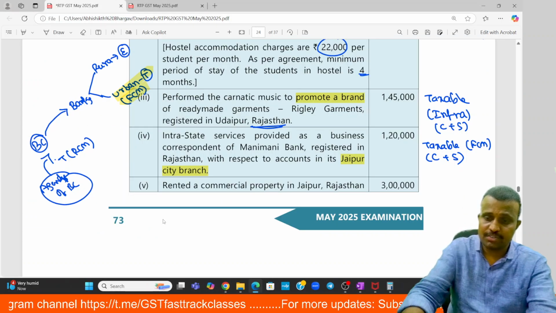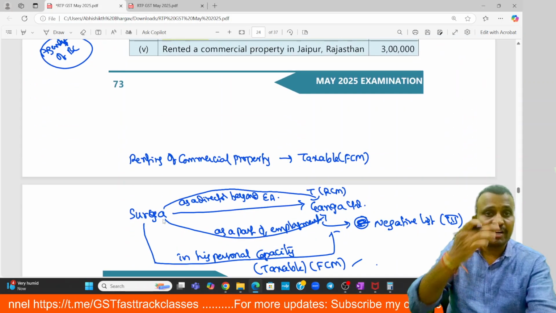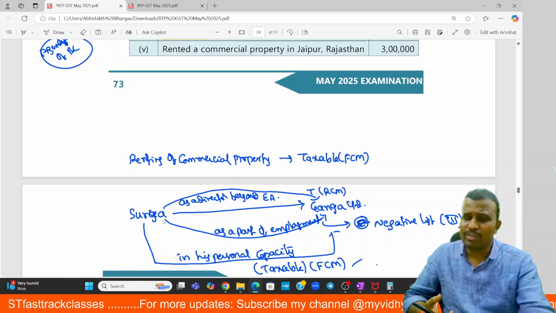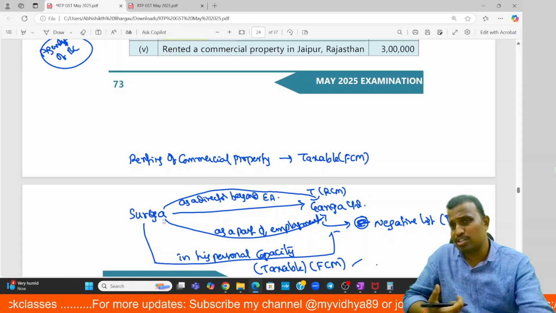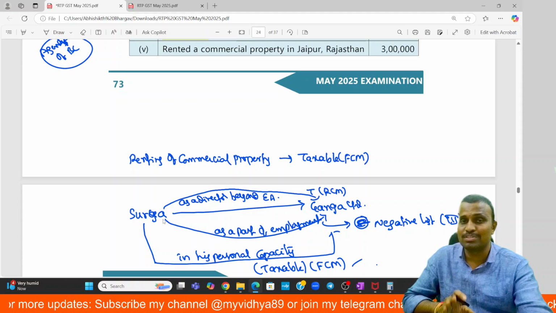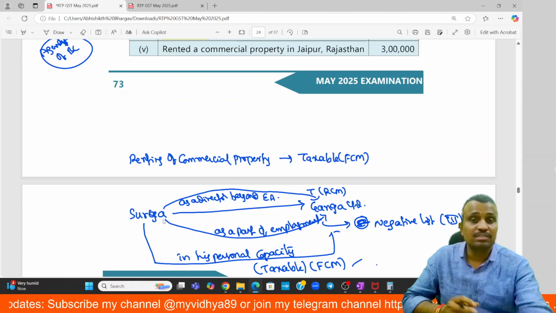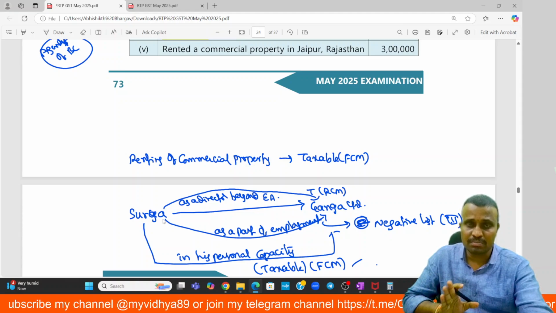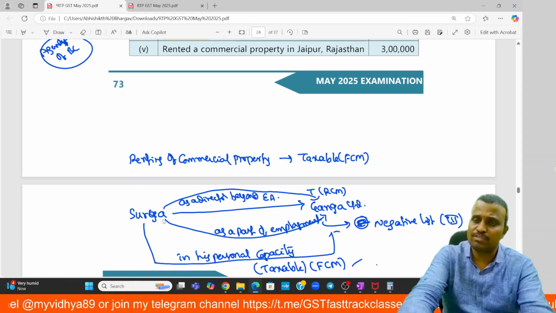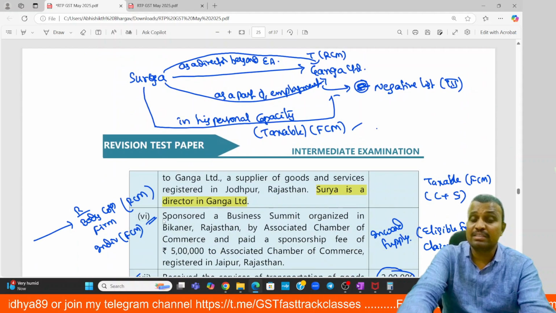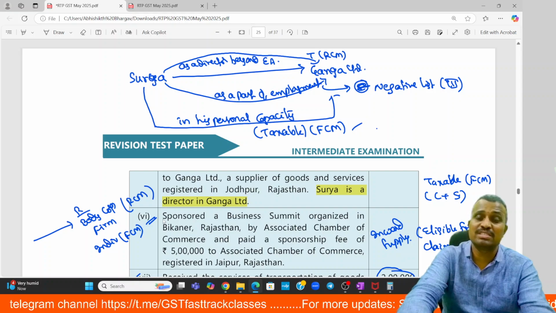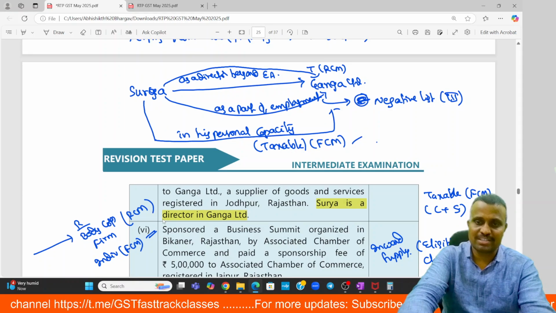Okay. Next. Rented a commercial property in Jaipur. Any commercial property provided is taxable under forward charge mechanism, unless the supplier is an unregistered person and the recipient is a registered person, in which case it is taxable under reverse charge mechanism. But here both are registered persons, so it is taxable under forward charge mechanism. Surya is also the director of Ganga Limited, but he is providing that service in his personal capacity, so it is taxable.